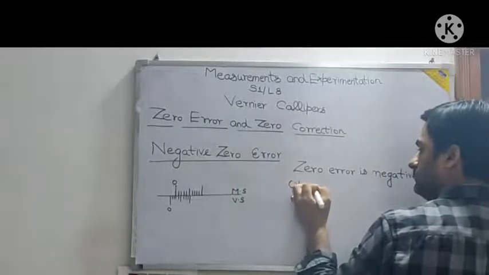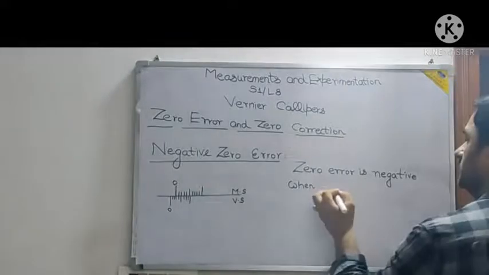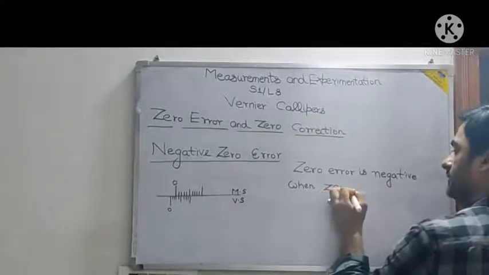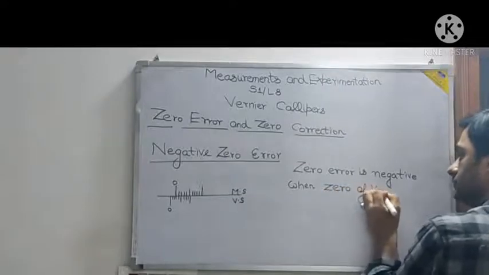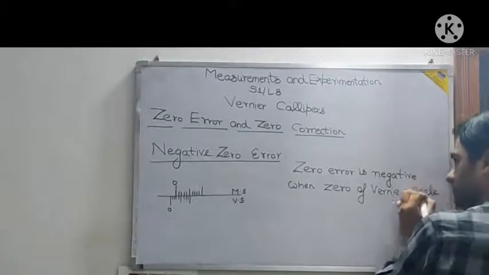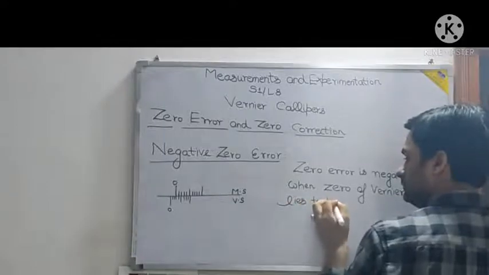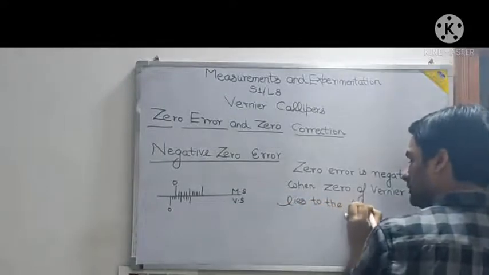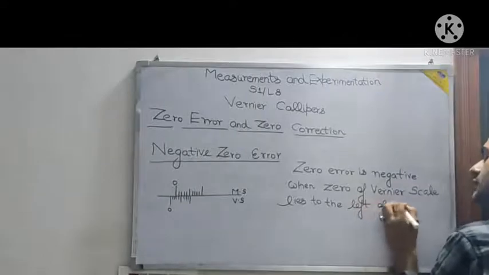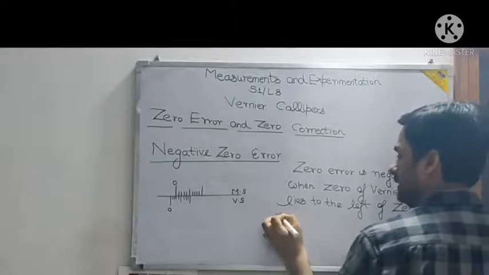Zero error is negative when the zero of vernier scale lies to the left of the zero of main scale.